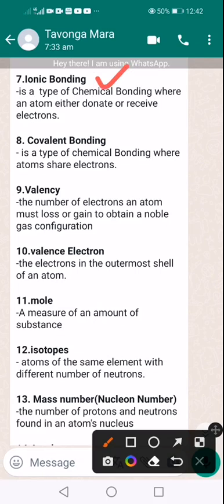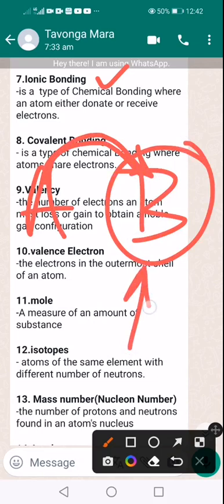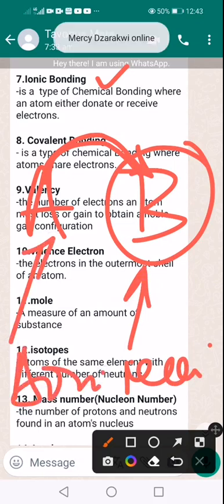For example, we have atom A and atom B. If atom A is going to donate, it means atom B is going to be the receiver, right? Is going to be the what? The receiver. So this one is going to be the what? The donor.